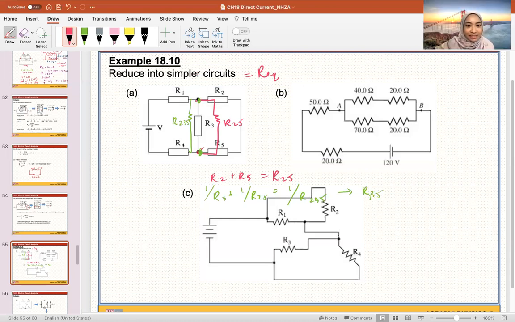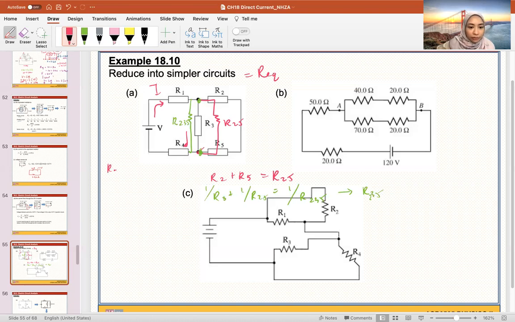You must be nervous. Okay, if I flows through R1, the same I will flow through R235. So R1 is in series with R235, which means that the I will also flow through R4, and R1 is in series with R235 is in series with R4.